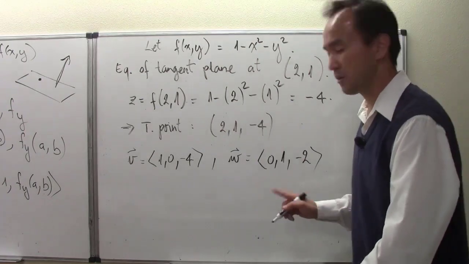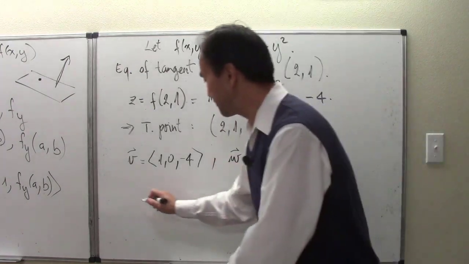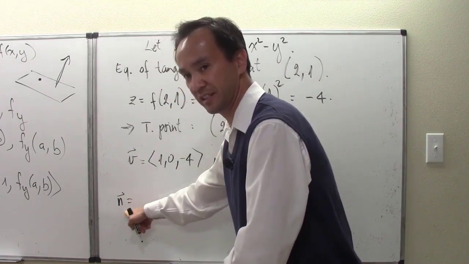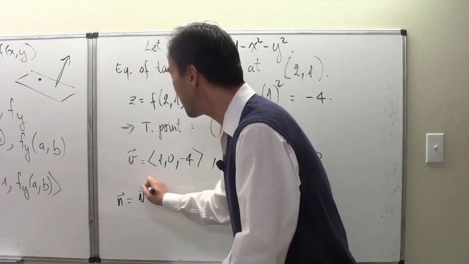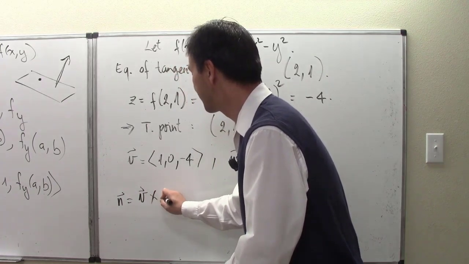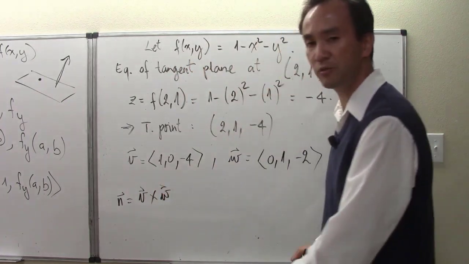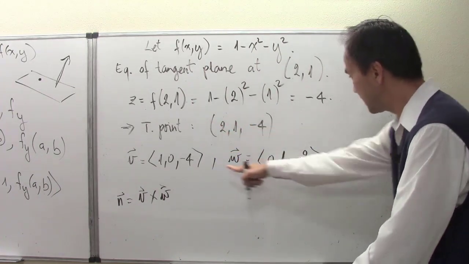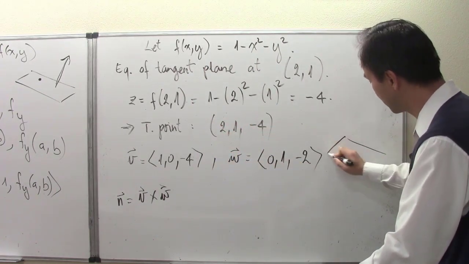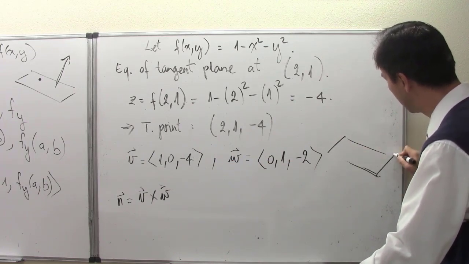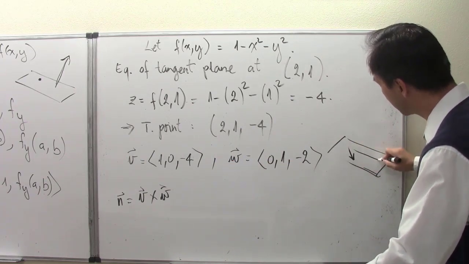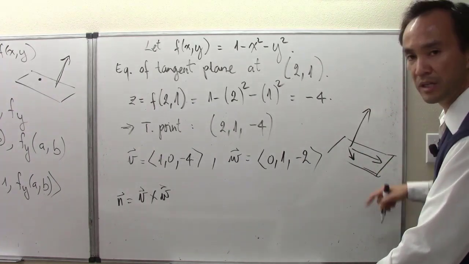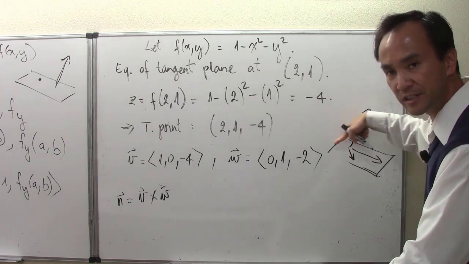With the two vectors here, finding the normal vector n is just a matter of taking the cross product between v and w. If these two vectors are both on the plane, there's vector v and vector w, then the normal vector will be perpendicular to all vectors on that plane.